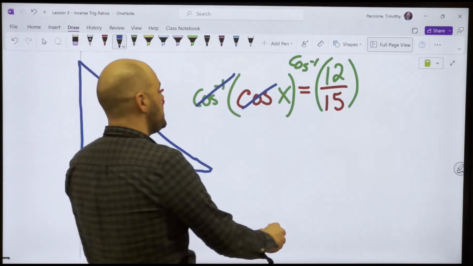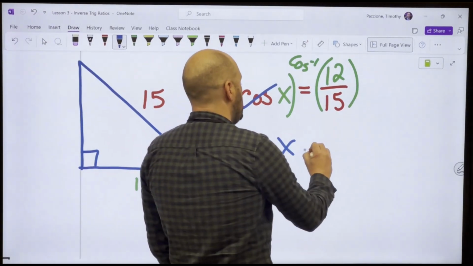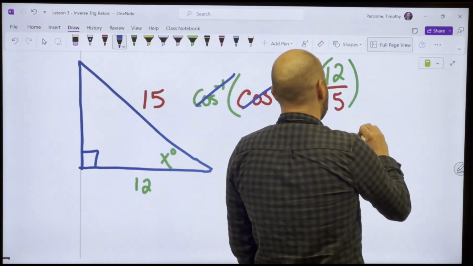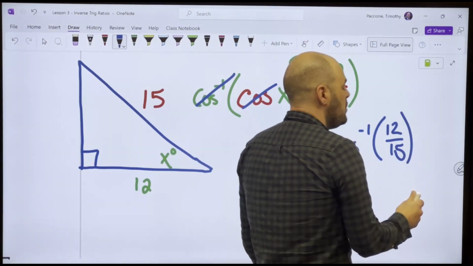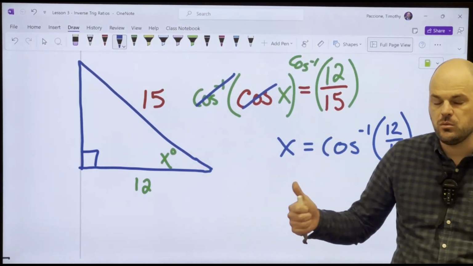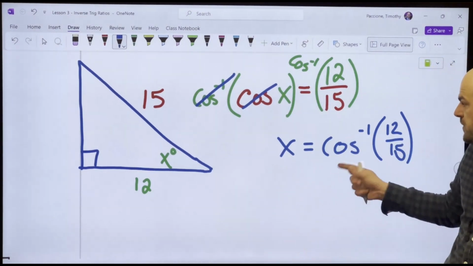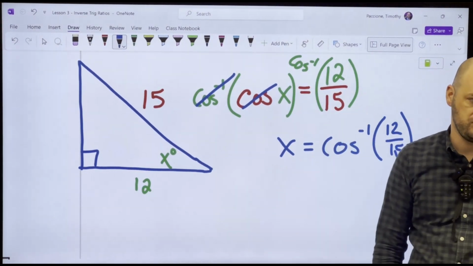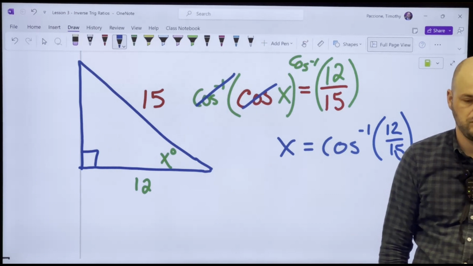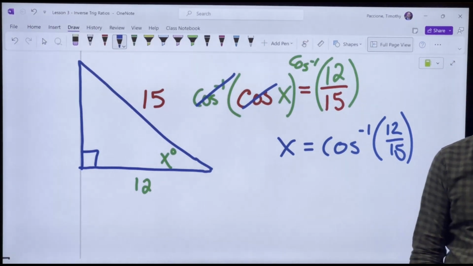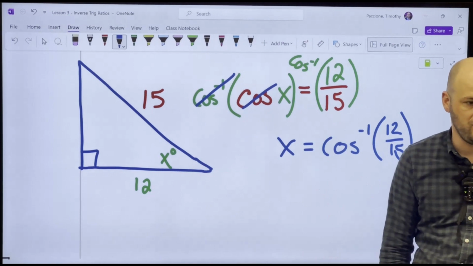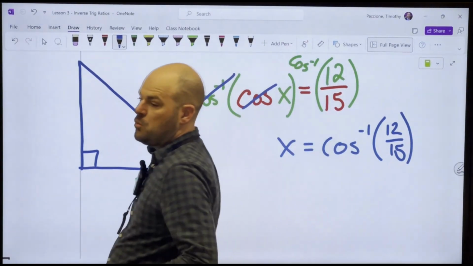And you get just x equals cosine to the negative 1 of 12 over 15, which is a button on your calculator. We'll talk about in a minute. Put that in, enter, and you find your angle. 36.8. So it's 37. Sounds about right. Is it right? I don't know. I just made this problem up. I have no idea. This is just like where we're going.